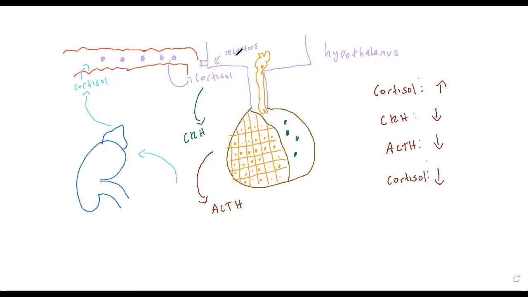So just to show you again, cortisol is received by the hypothalamus. The hypothalamus secretes CRH, which binds with the pituitary. The pituitary, depending on the levels of CRH received, is going to adjust its secretion of ACTH, and then ACTH is going to bind with the adrenals, which will then secrete a corresponding amount of cortisol.